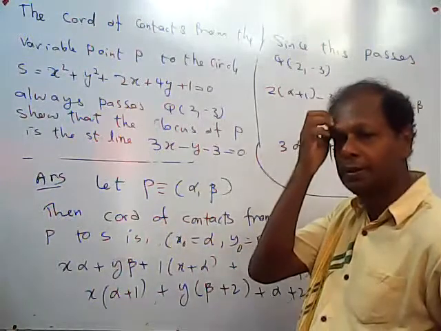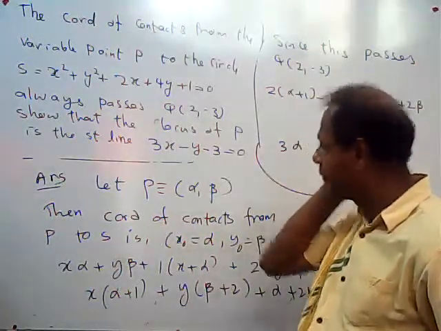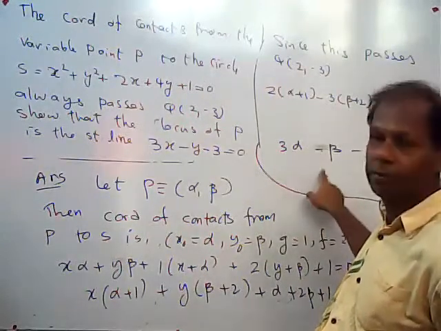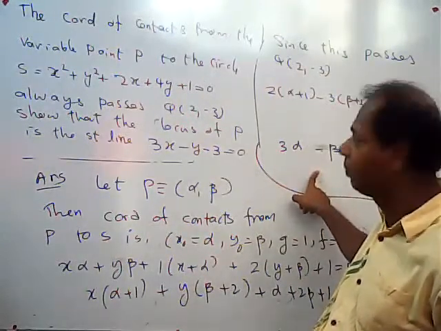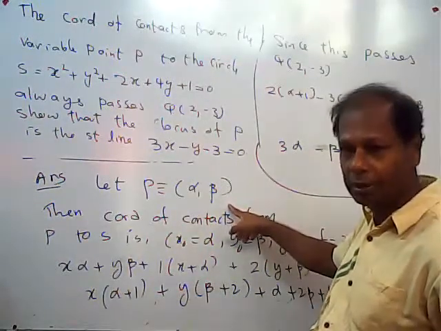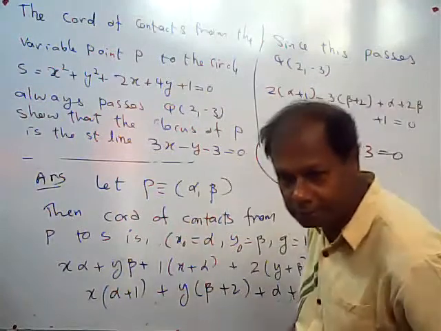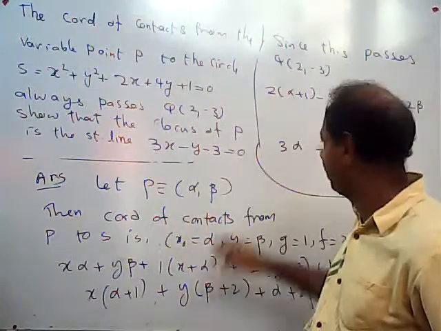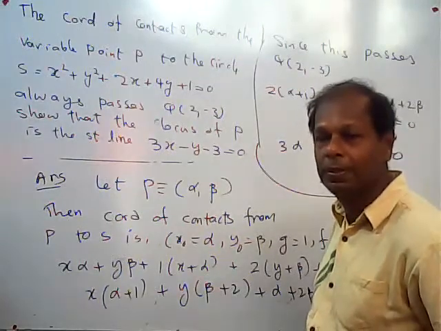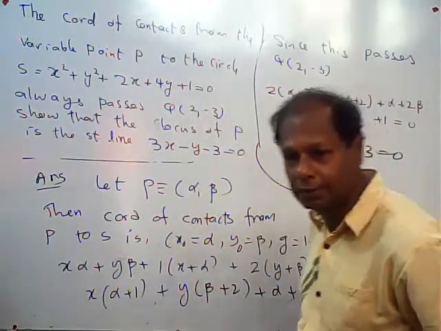And the last step is, we have the relationship of alpha and beta. The last step is to replace alpha, beta by x, y. Replace alpha, beta by x, y to convert it into the equation of the straight line.